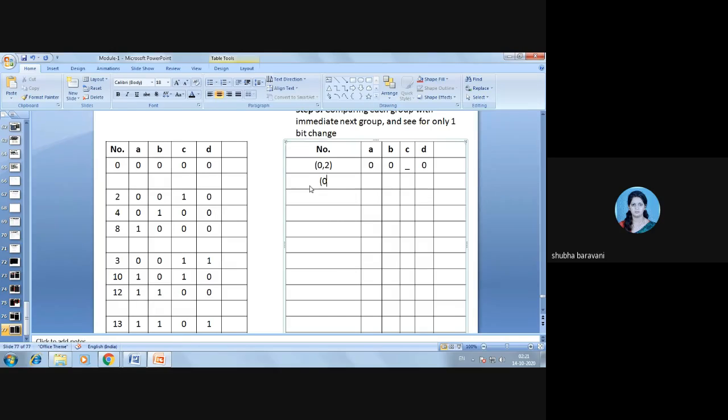So I can write 0, 4, dash, 0, 0. Now I'll compare 0 with 8: dash, 0, 0, 0. 0 generally goes with the next immediate group every time this happens, but let us not rely on it.